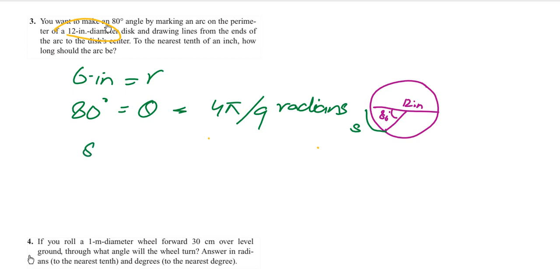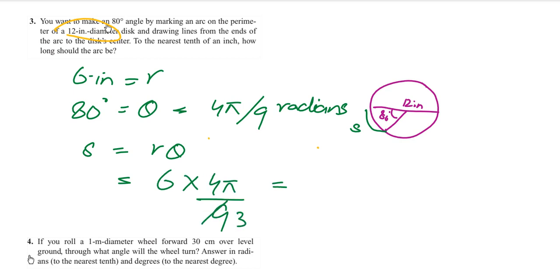So now we are done with all the calculation. We can easily find the arc length, just multiply the radius with the angle. And we can write it in inches also.